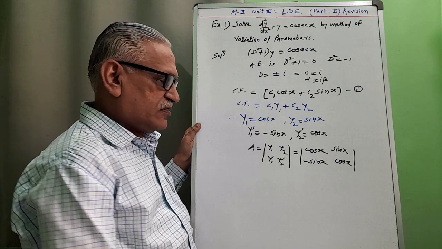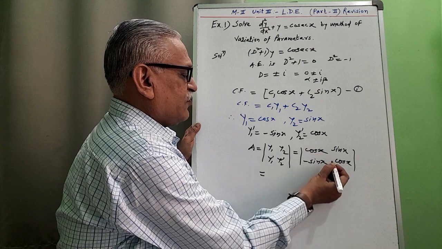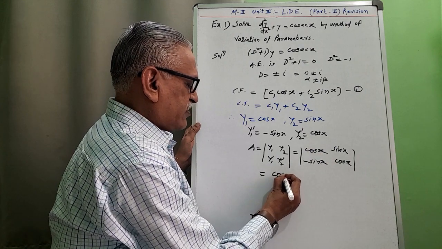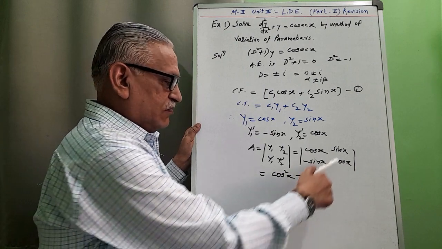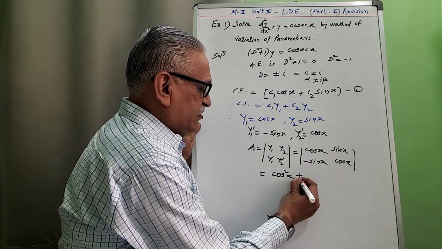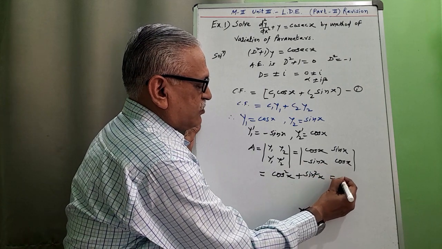Then evaluating this second order determinant by the usual technique, it is cos square x minus sin square x with minus, and that minus becomes plus sin square x, that is equal to 1.